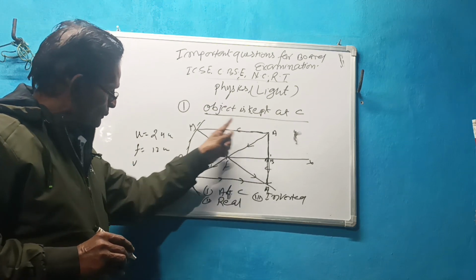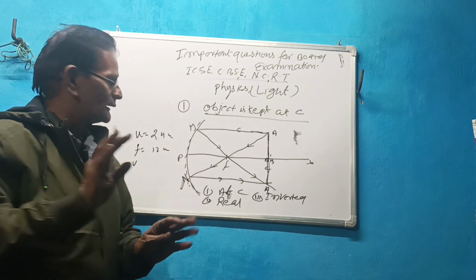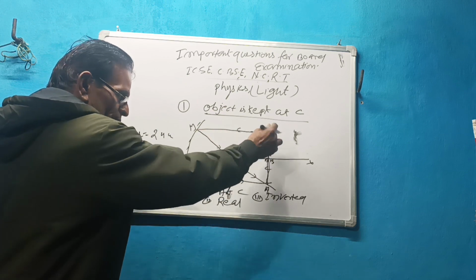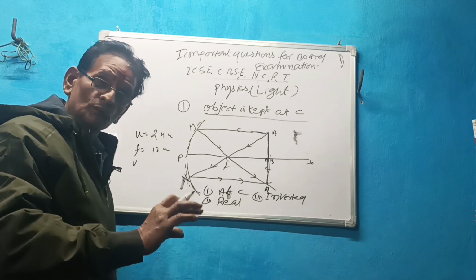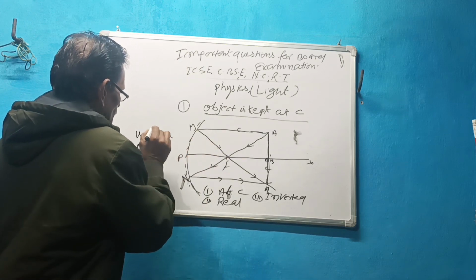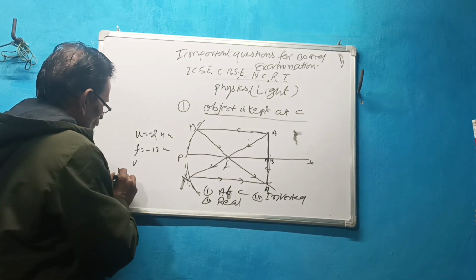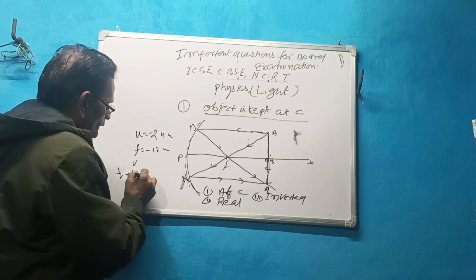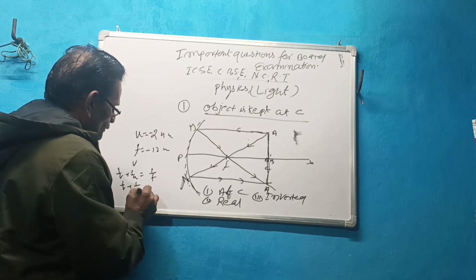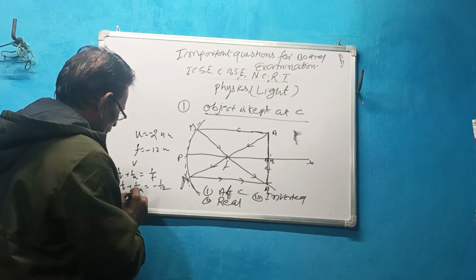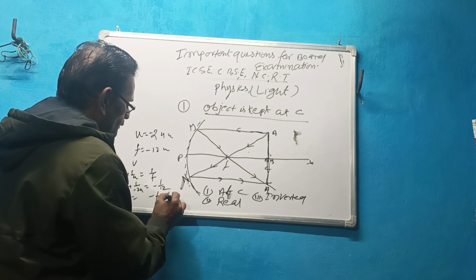It means according to the figure, V is at C. But according to the numerical, how can you find it? Here the object is on the right side, and everything is on the right side, therefore everything will be minus. So u is minus 24 centimeter, and by using the formula of mirror, 1 by V plus 1 by U is equal to 1 by F, so 1 by V plus 1 by minus 24 is equal to minus 1 by 12, or 1 by V is equal to minus 1 by 12 plus 1 by 24.